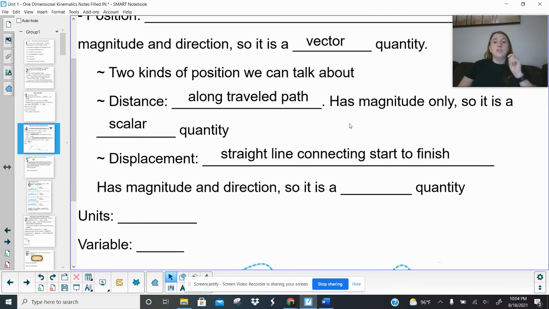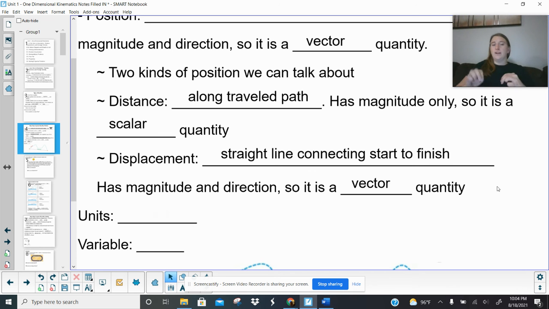Displacement, however, does tell us where you are in relation to home, from start to finish. So if you travel this windy road here, if we were to draw a straight line connecting where you started to where you finished, that's displacement. Not only is it that straight line connecting us from start to finish, but for it to be displacement it also needs to tell us the direction.